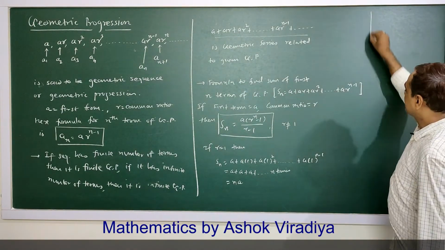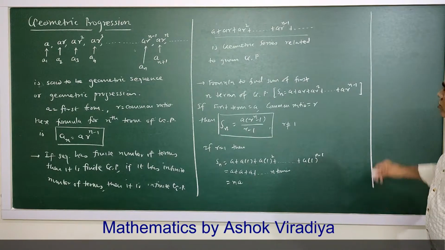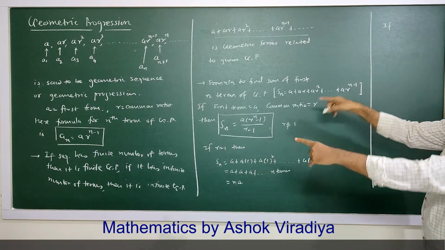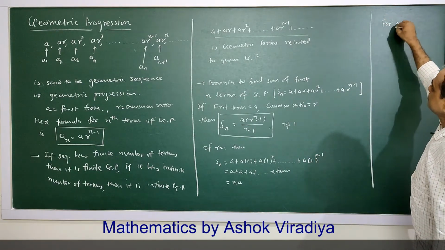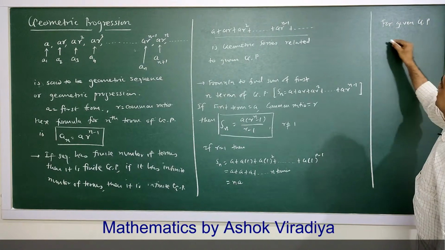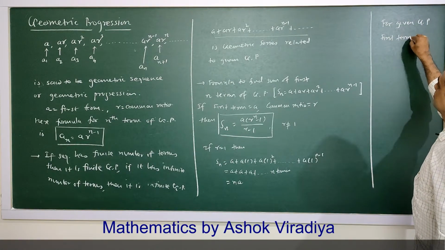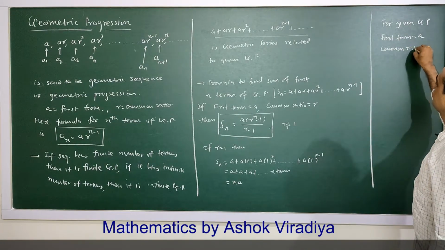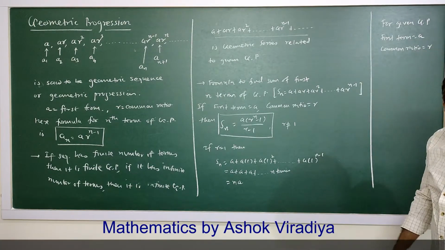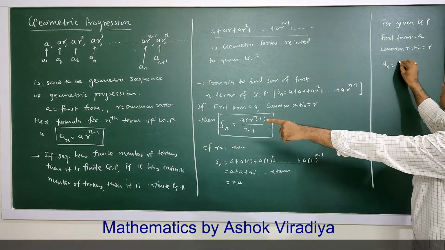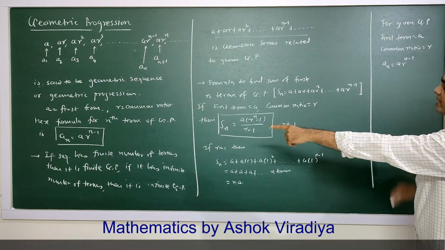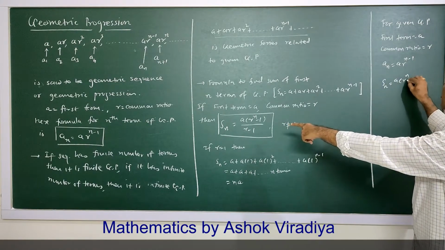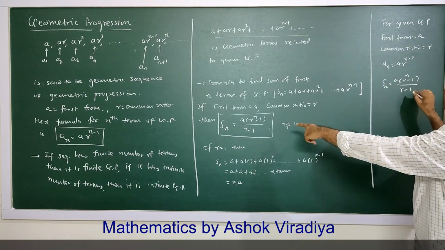So now in the next exercise, we are doing questions on these main two results. For given GP, first term is a, common ratio is r, then nth term is a into r raised to n minus 1, and sum of first n terms is a into r raised to n minus 1 upon r minus 1.